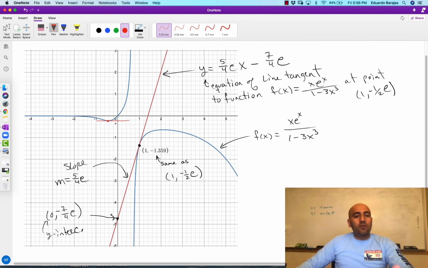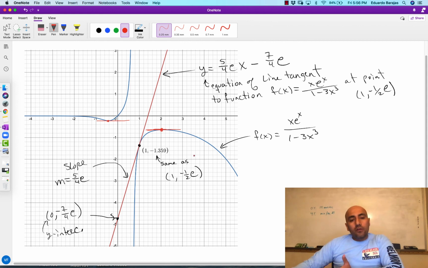It looks like somewhere around there we're going to have a horizontal tangent line, as well as somewhere around here-ish. Keep that in mind because that's a very popular question to ask. Figure out when will the tangent lines be horizontal.